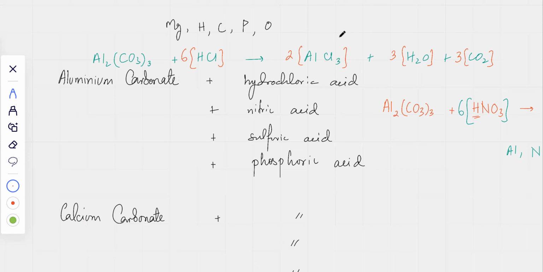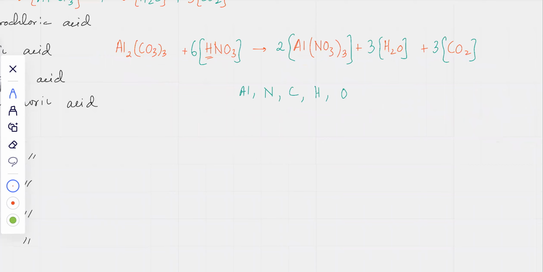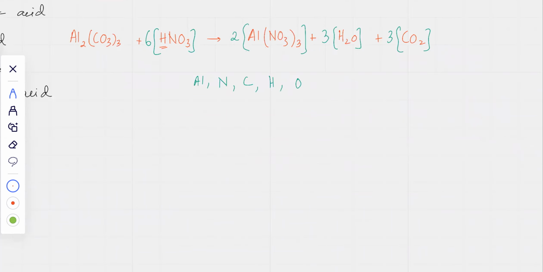Hamza, just 1 second here. Water plus CO2. Hamza, why is everything 3? I mean, the formulas are all good. I mean, this is with the H2SO4, right? So I'm doing this. Hamza, are you listening? Yes, sir.